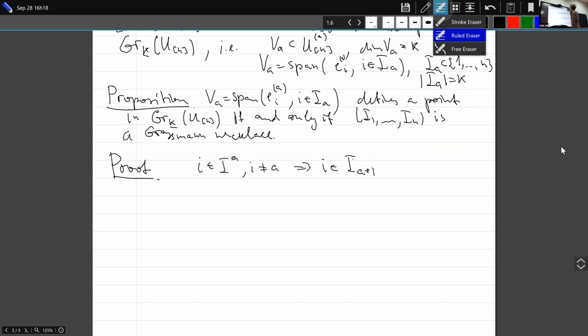So if I have I from IA and I is not A, then I is from IA plus 1. Is this exactly the definition of the Grassmann necklace?